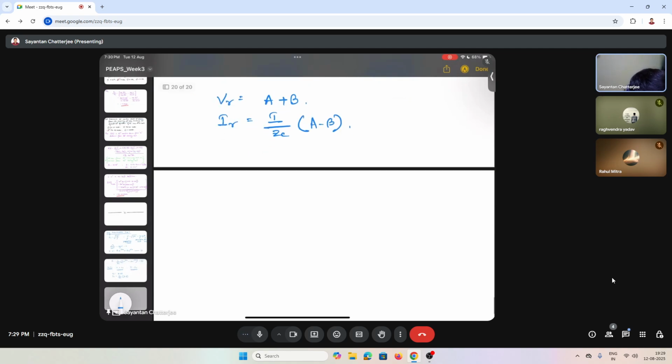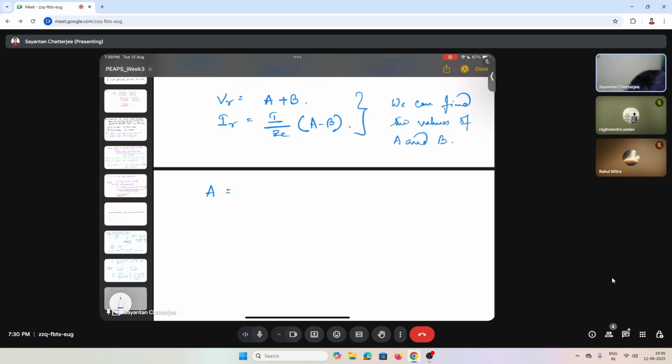Now with these two values, we can solve for the values of A and B. So we can solve these two equations and find the values of A and B. I hope it's clear. We can solve these two in terms of VR and IR.